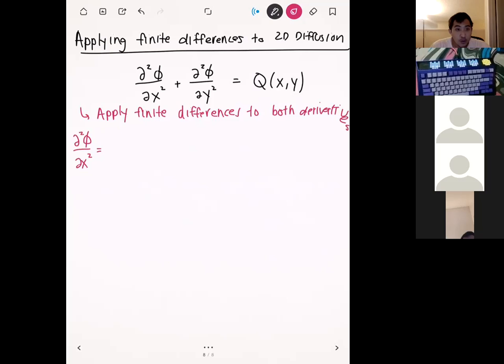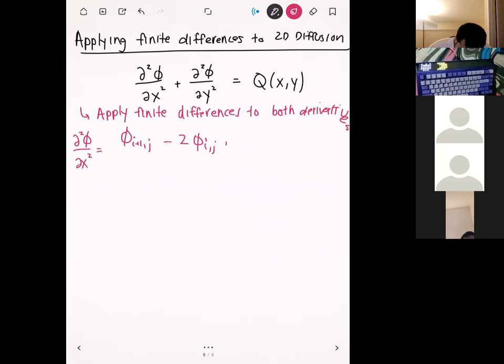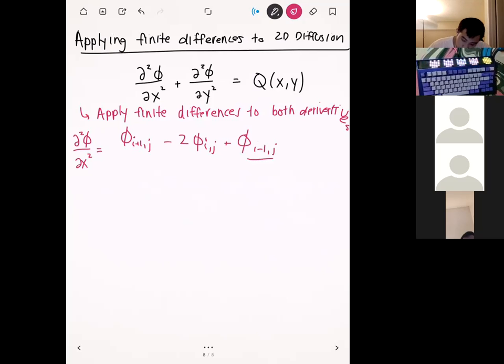Right. And so when we apply finite differences to that, we get the following. We're going to have phi i plus 1, comma j, minus 2 phi i, comma j, plus phi i minus 1, comma j.